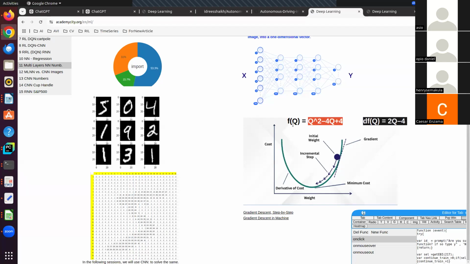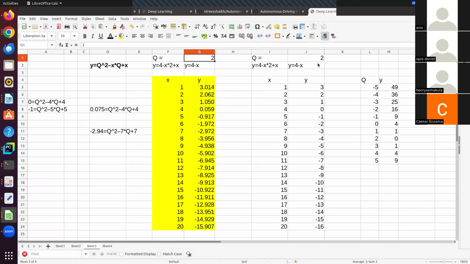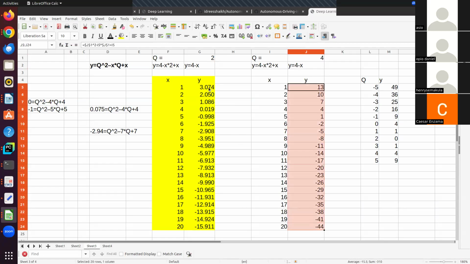And I'm noticing the situation that if I try to put a Q higher than the 2, let's say I put a 4 like I did originally in here. Okay, when I put in this example, if I put a 4 here, those ones are far away from those ones.